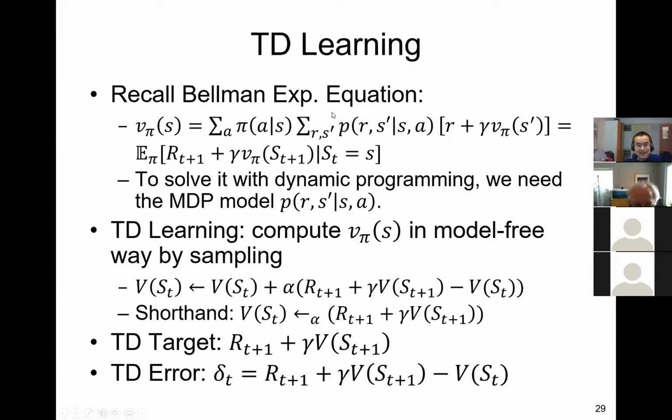Here the two sums are replaced by sampling. That is, capital R is a random variable that we sample, plus gamma times capital V, the random variable of the next state's value function, and that's our target.